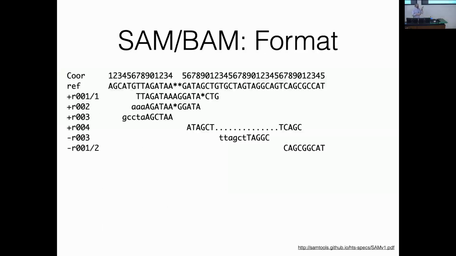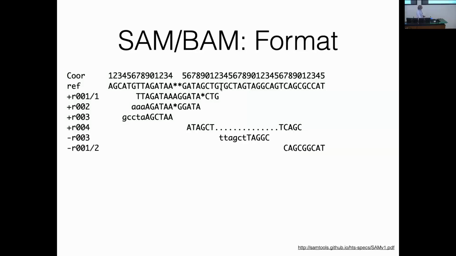So just to give you an idea of what you can represent with a SAM or BAM file. Actually, I think I can go through this quickly because I want to have time for us to do some hands-on stuff. So here, this is a reference sequence, and these numbers are positions, right? So this is position 1, 2, 3, 4, 5, 0. So this is like 10, 11, 12.